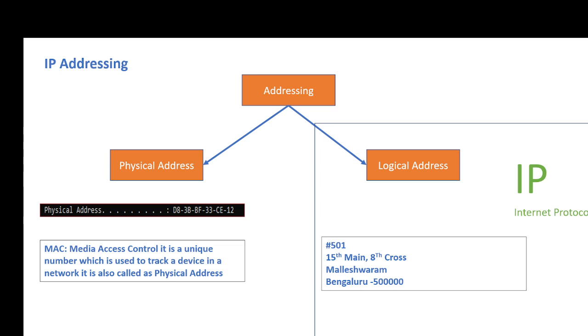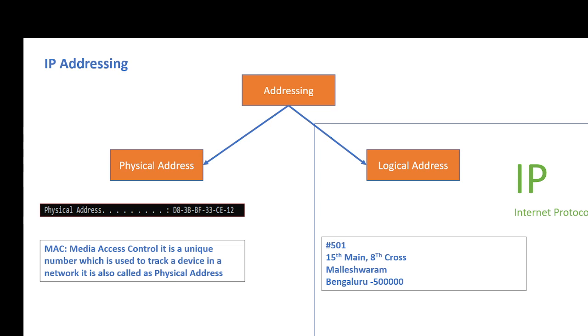The manufacturer of the computer or of the devices will give an address, and that address we call the physical address. That is once in a lifetime. In the lifetime of the computer, that address is constant, because it is not a logical address, it is a physical address given to the computer hardware.